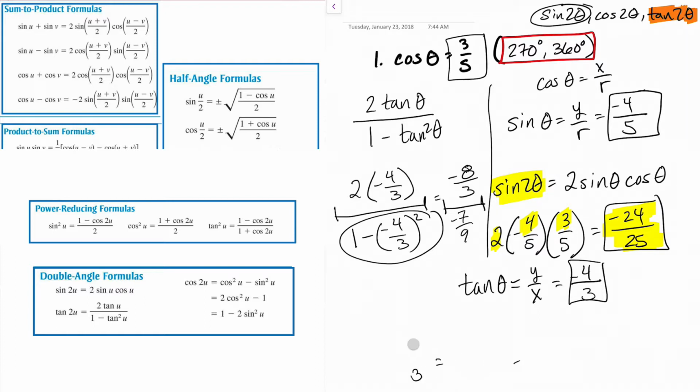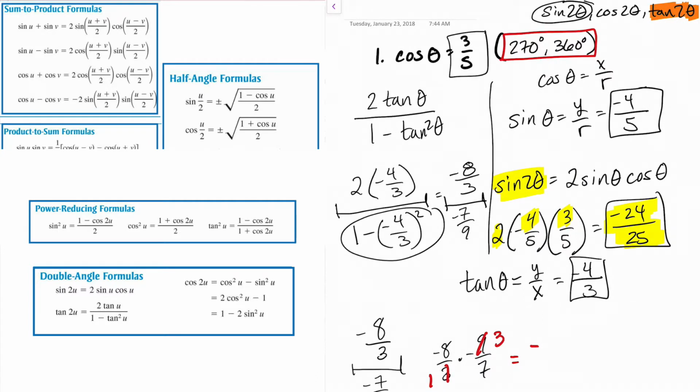All right, so clearing up my space here. So I'm left with negative 8 over 3 over negative 7 over 9. So negative 8 over 3 times the reciprocal, negative 9 over 7. Can I simplify here? I can. That'll be 1, that'll be a 3, and that's it.